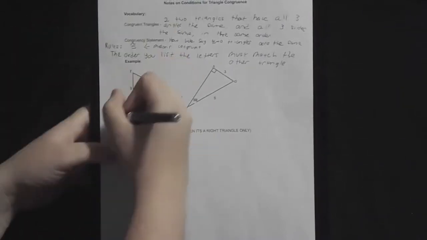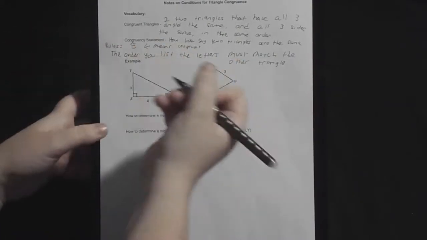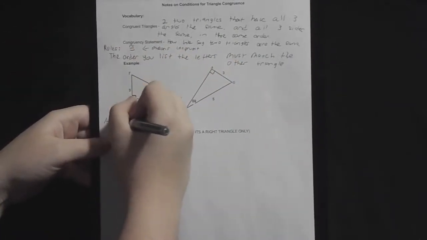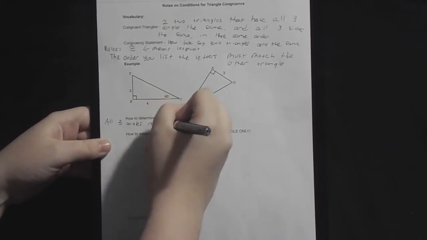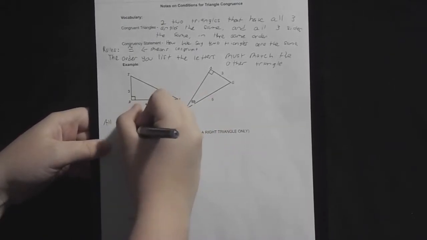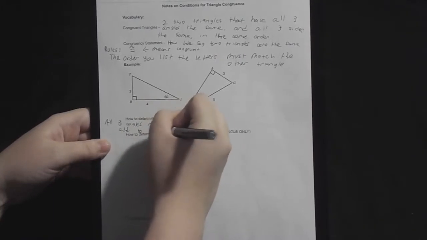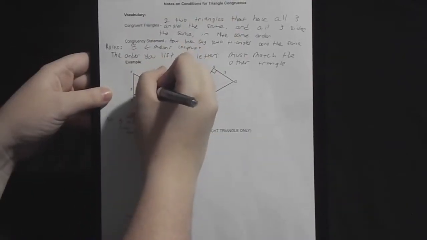So remember, how to determine a missing angle? In any triangle, all three angles must add to 180 degrees. Okay? So I'm going to call this first triangle triangle number 1.